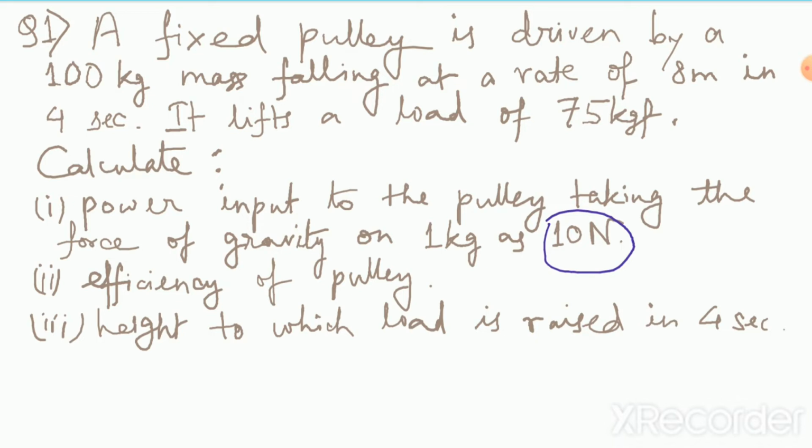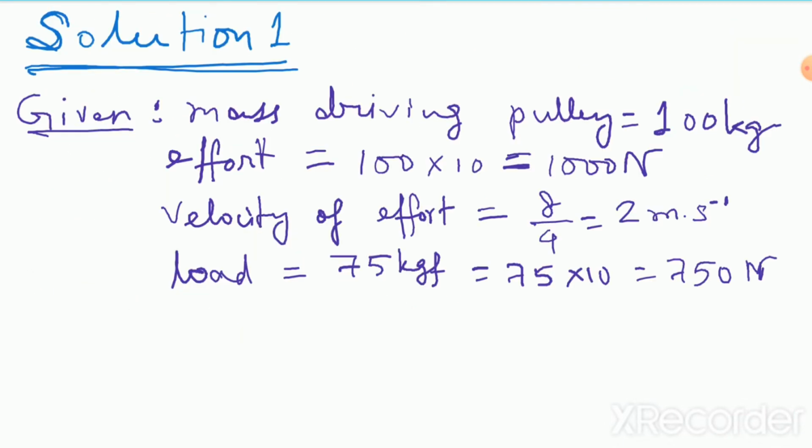So I think in the previous chapter we have obtained one formula for power, that is power equals to force into velocity, isn't it? So here the force due to the effort is how much? 1000 newton. So coming to the first part of the solution, power input will be given as effort into velocity of the effort.